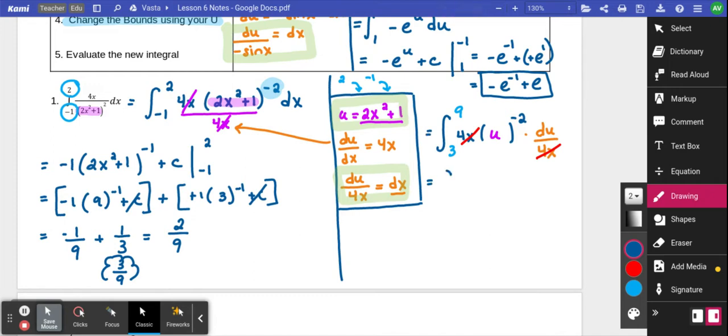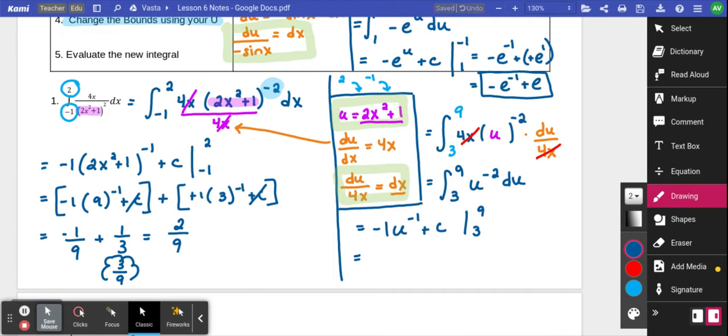And then I'm going to have the integral from 3 to 9 of u to the negative 2 power du. Now, the antiderivative, again, of something to the negative 2 power would be something to the negative 1 power, and then I need to divide by that new power, so I'd have negative 1 plus c evaluated between 3 and 9.